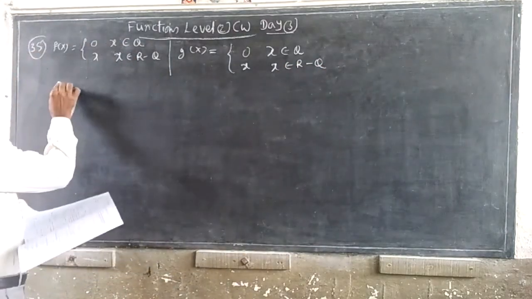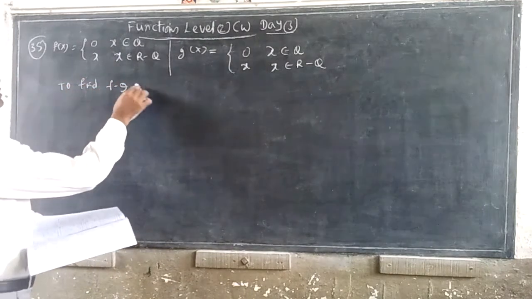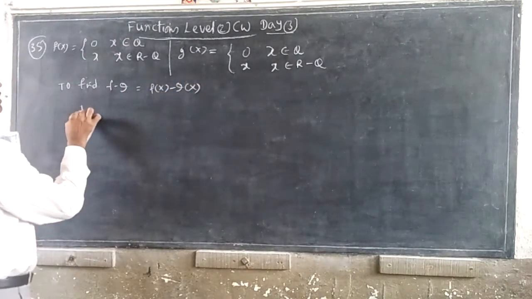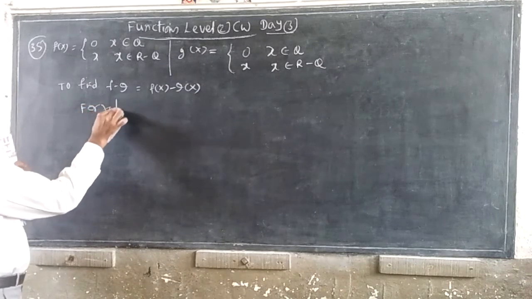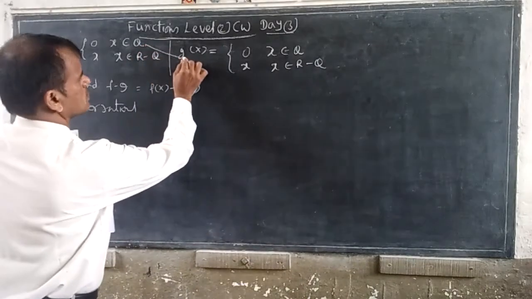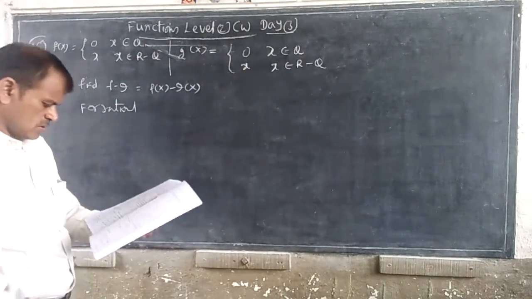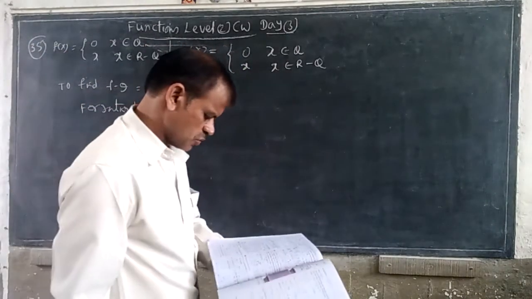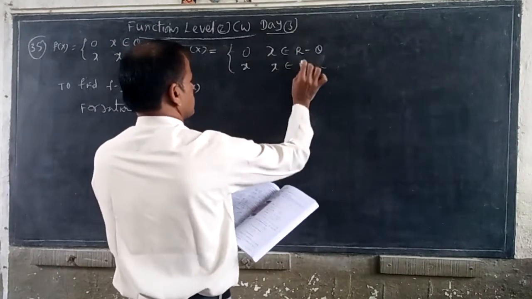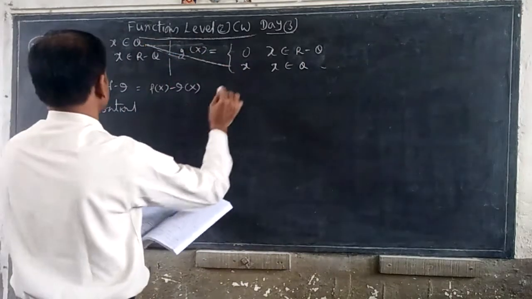Now we should calculate f minus g. So you can write f of x minus g of x. For the rational, I am writing 0 minus 0. Okay? For that, it is given as 0. This is Q. So 0 for rational, like this you should write 0 minus x.